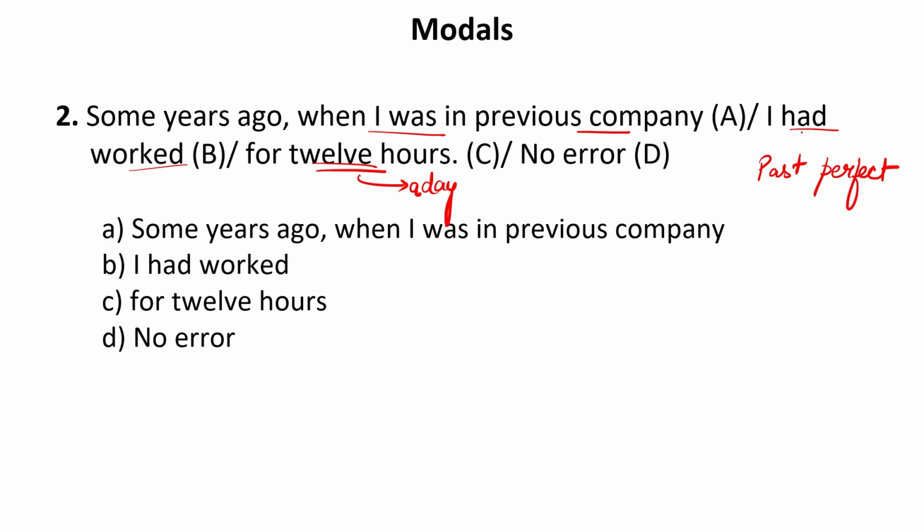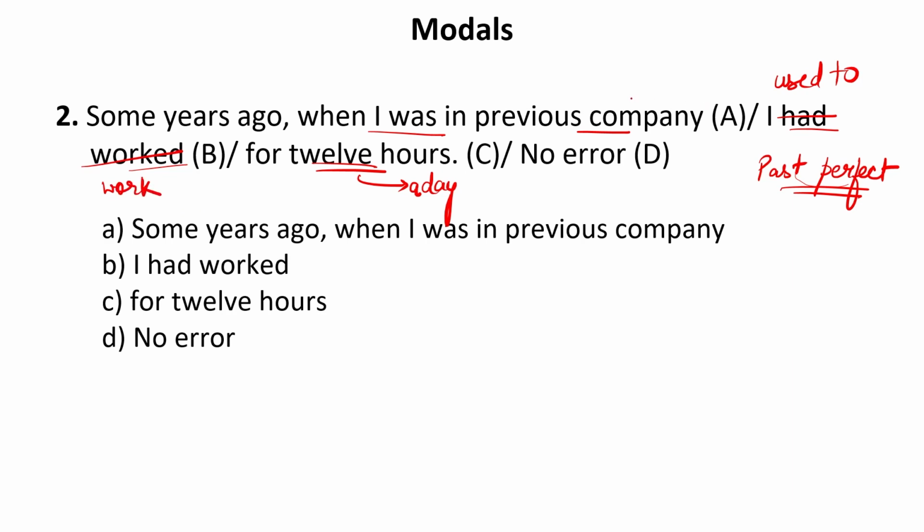Now if I write this sentence, this should not be in past perfect tense, because past perfect tense is used when something is done before something else happened. But here, past perfect is not required. In fact, some habit is given over here. So it should be written in place of had, that is, I used to work.